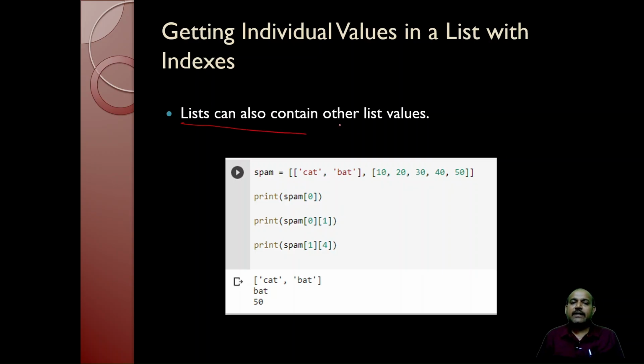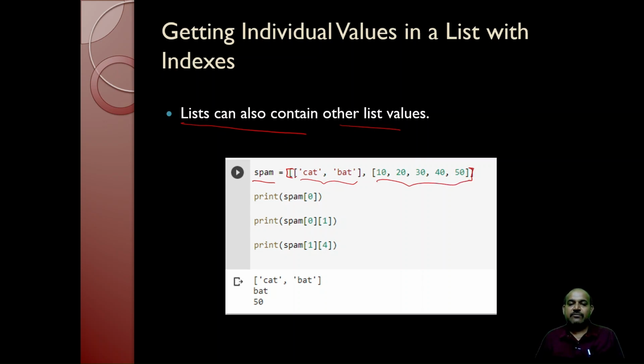List can also contain other list values. For example, if I take a list spam which has two lists in it. For example, this is one list which will have cat and bat, the other list consists of all these values.